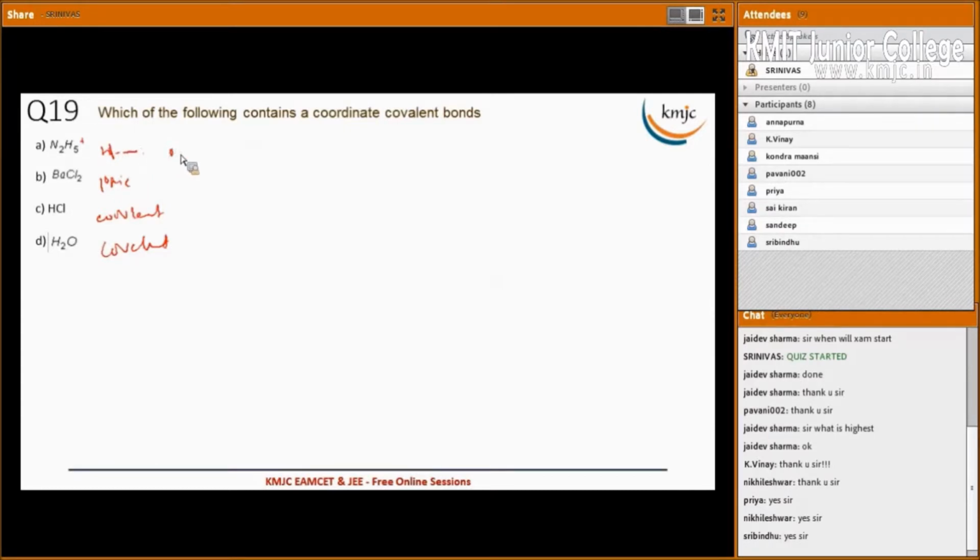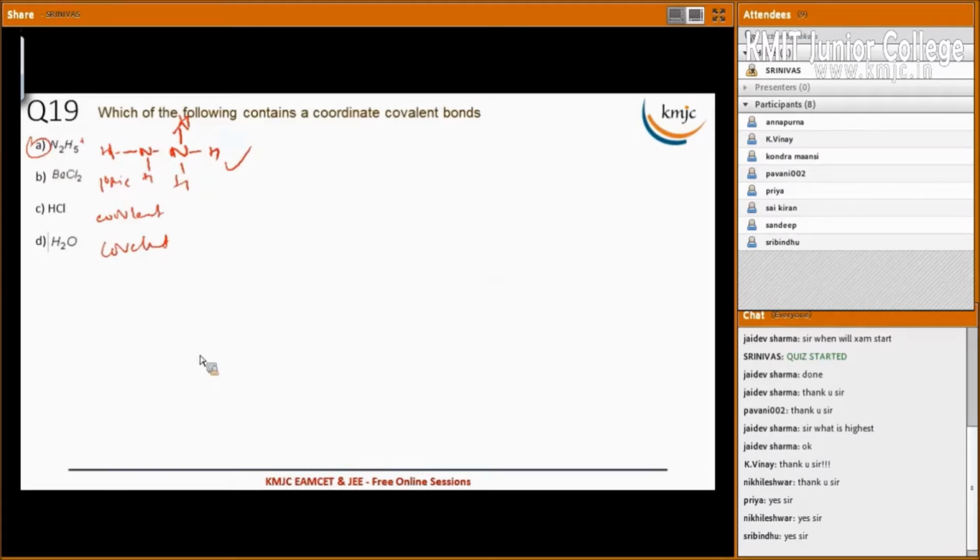Hydrogen, nitrogen, hydrogen gives away an electron pair to what? The other hydrogen, the H plus ion. Okay, so this becomes the answer for coordinate covalent bond.